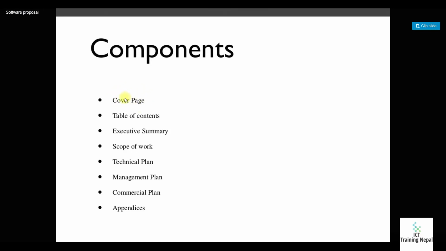So we need the cover page and the table of contents, and after that the executive summary, then the scope of work, and after that the technical plan, management plan, commercial plan, and appendix. We're going to cover all of this in detail.